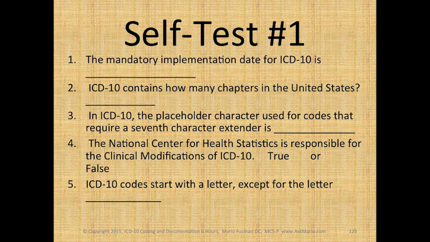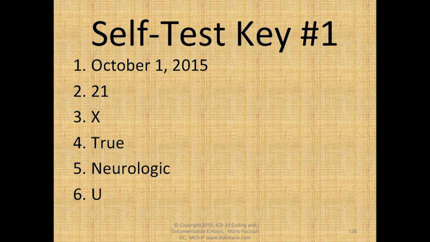In ICD-10, the placeholder character used for codes that require a seventh character extender is, so what's the placeholder character? X, yes. The National Center for Health Statistics is responsible for clinical modifications of ICD-10. That's true. And ICD codes start with a letter, except for the letter U. Very good. You all have 100%. Good.